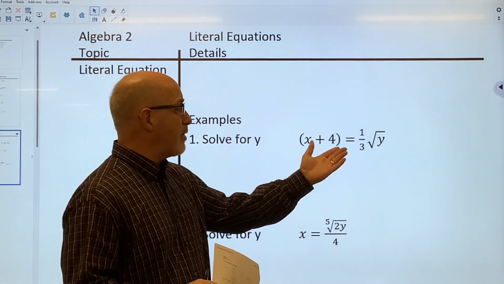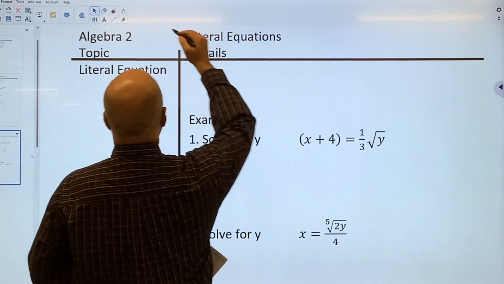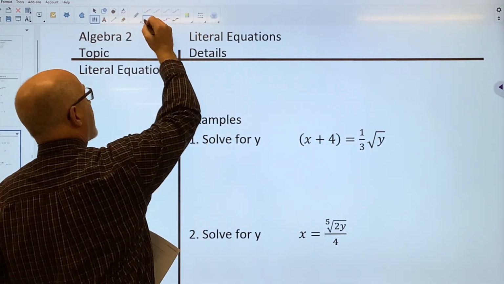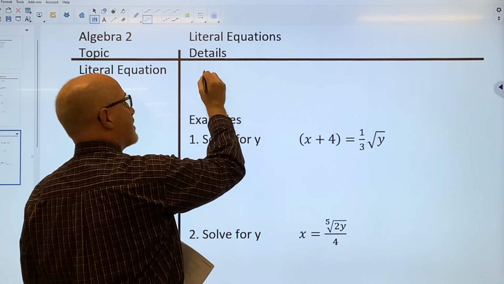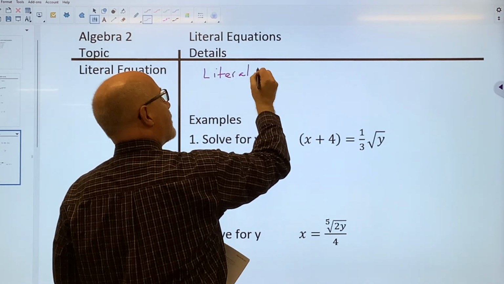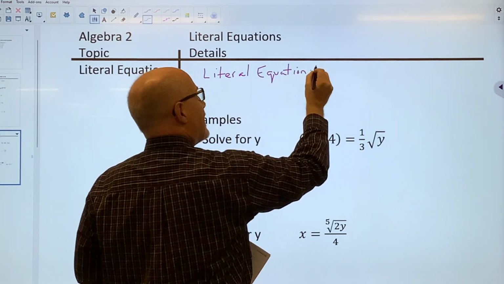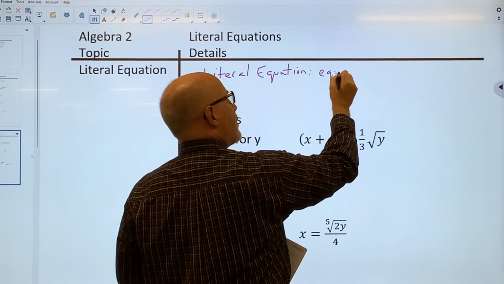So here's an example of a literal equation, because you have an x and a y in it. So our definition for this is that a literal equation is an equation with more than one variable.